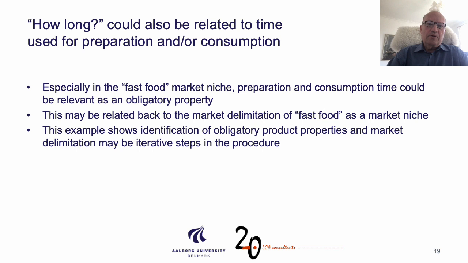So this example shows that the identification of obligatory product properties actually makes you go back and look at your market delimitation and say, well, we should actually have delimited this as a separate market. So we have an iteration step between the market delimitation and the definition of obligatory product properties.